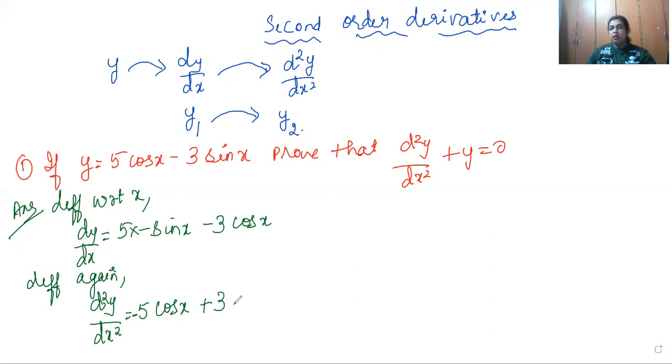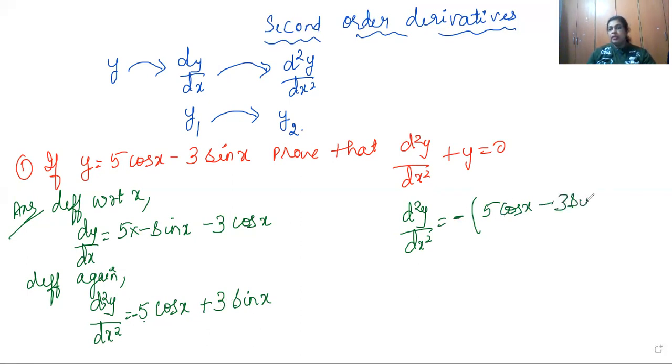So here minus into minus will become plus, then sin x. Therefore d square y by dx square is equal to, take out minus, and then what remains here? If you take out minus, you get 5 cos x. Remember, minus into minus, you should get plus. You can't change the question.